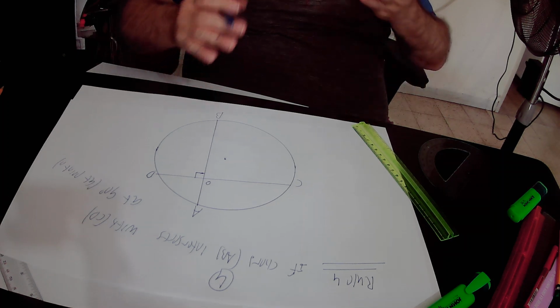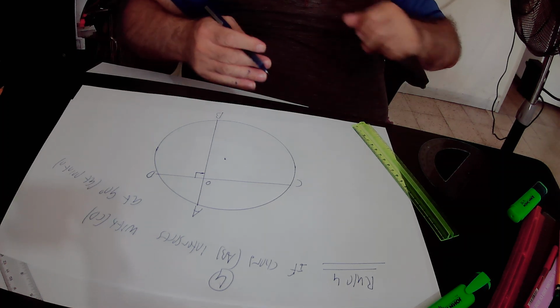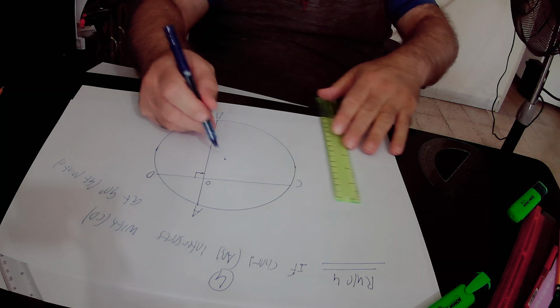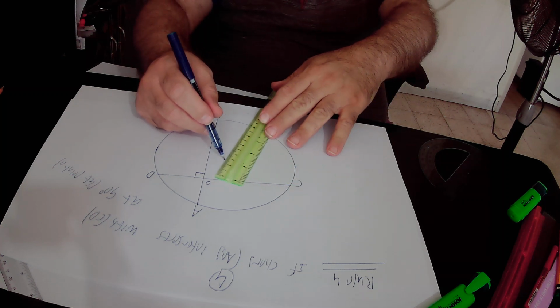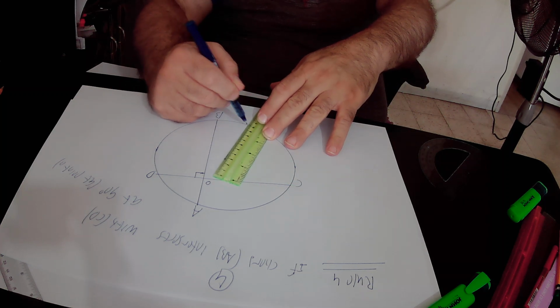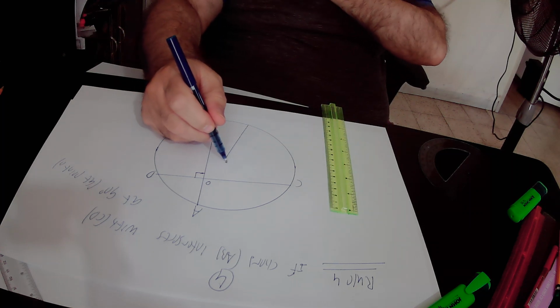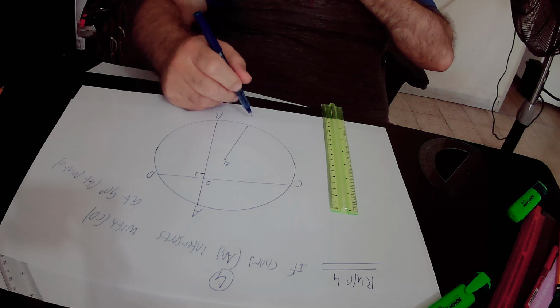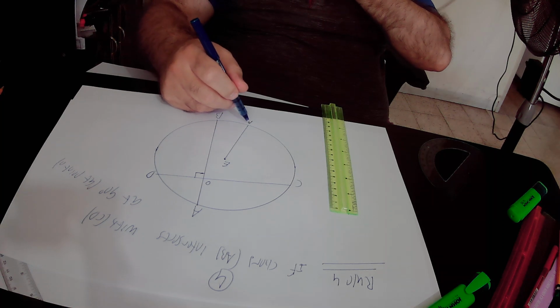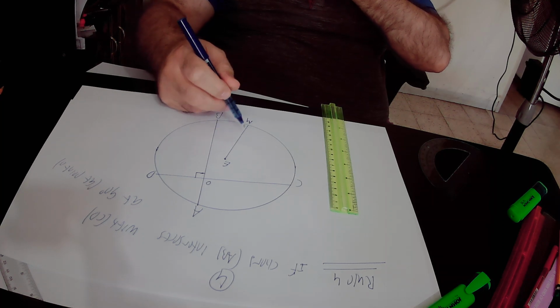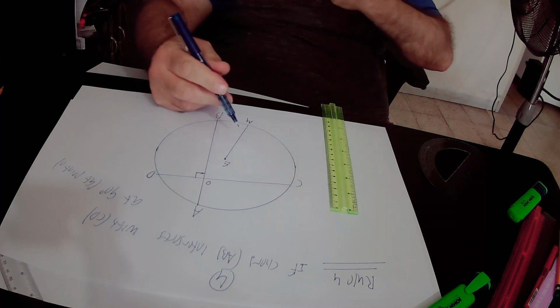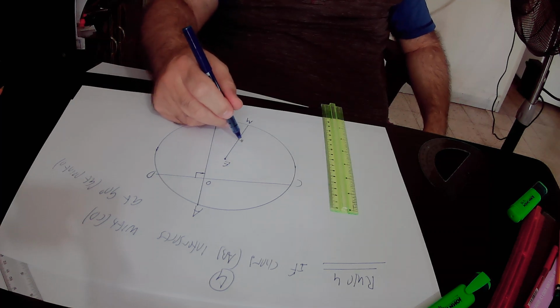We define the radius of this circle as capital R. We define the center of this circle as point E, and a point on the circle itself as point M. So EM is the radius of the circle, which we define as capital R.